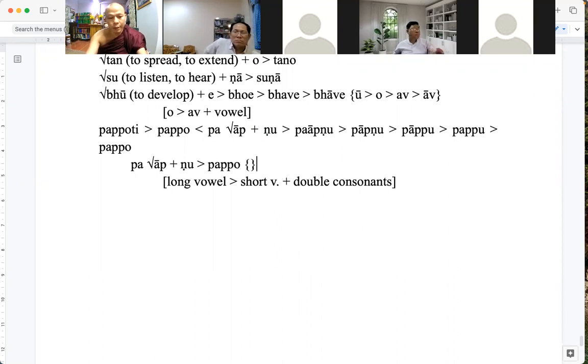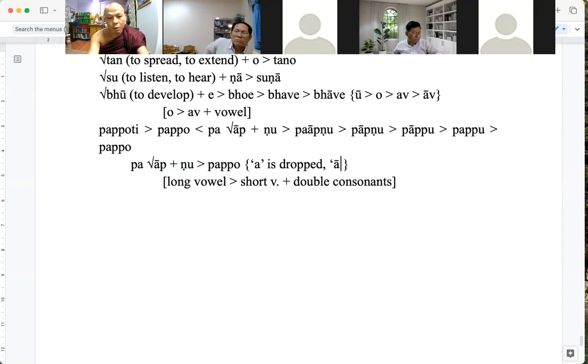At the time, here the changing is: the first one gets dropped, referring to that one. So drop one step, and then this is before the double consonant.